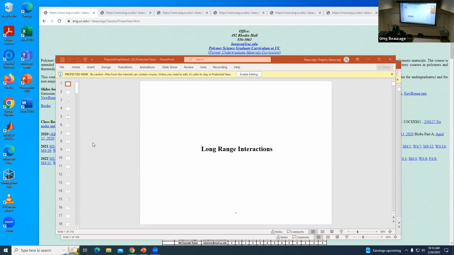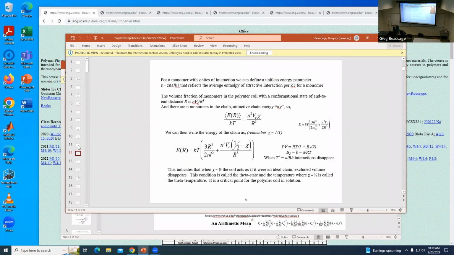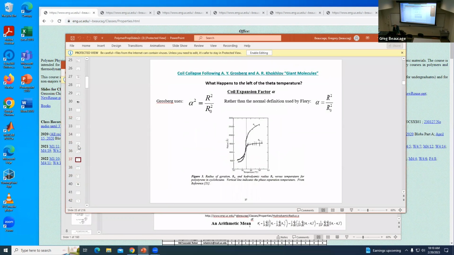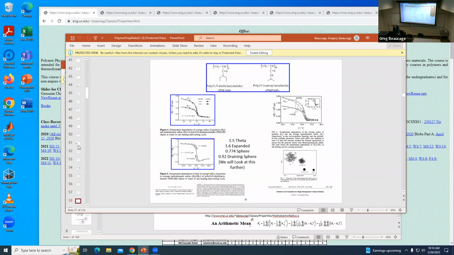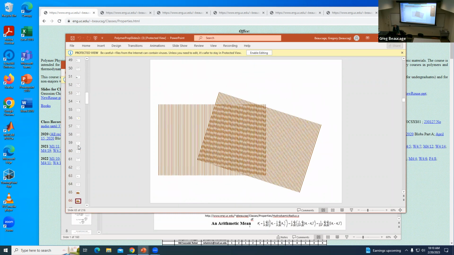All right, so let's see. So I got these two things. I wanted to get to slide number. I wanted to finish off this business. I think it's in this. Yes, we did RG, and then we got to this business.